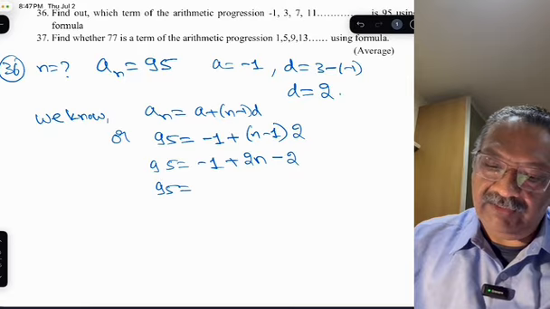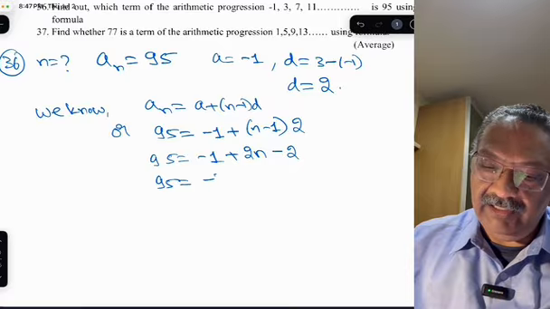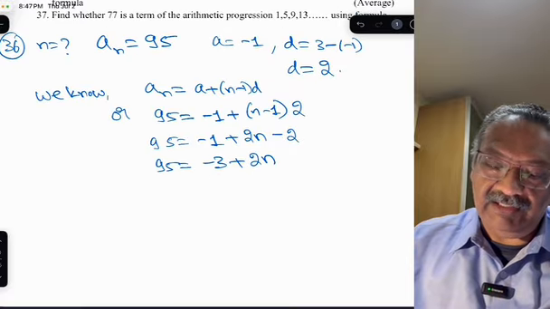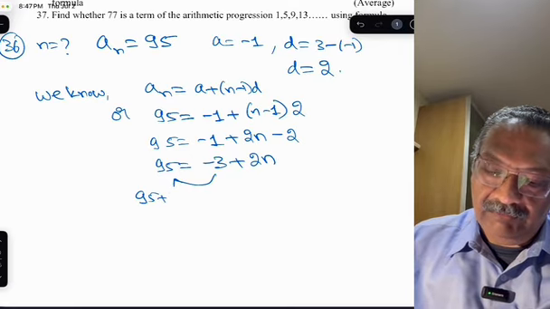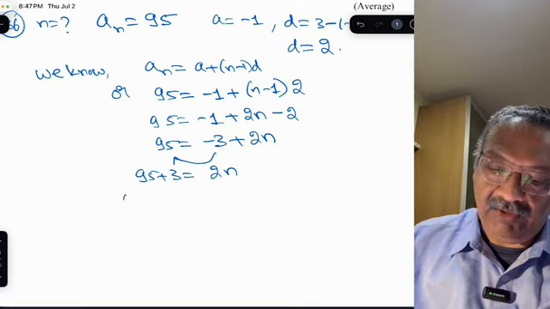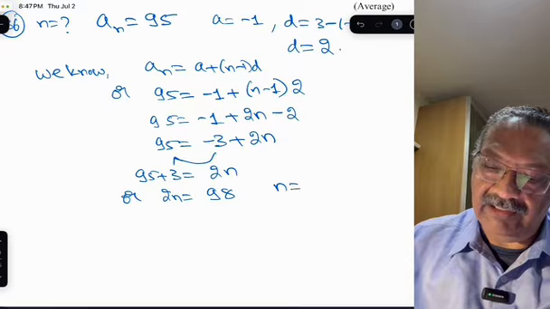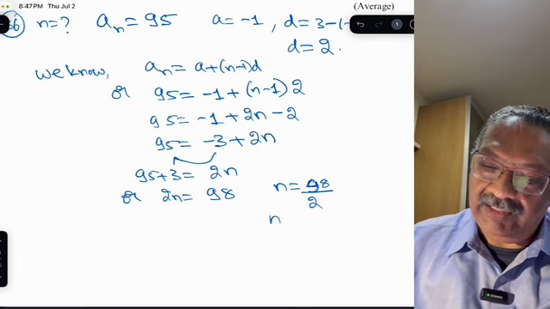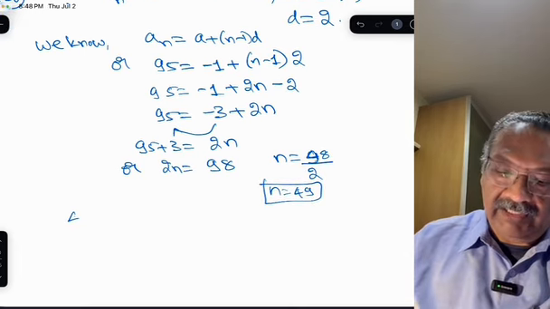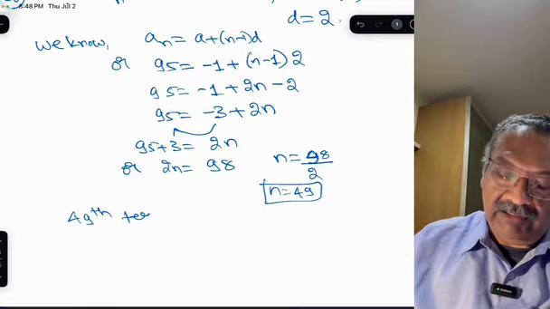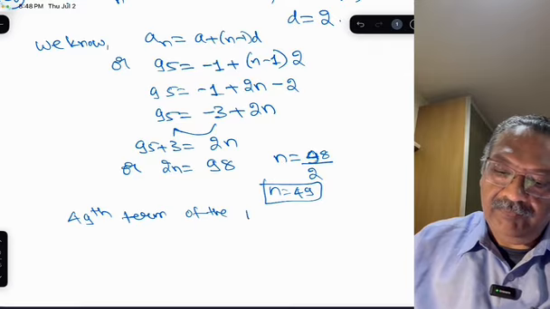So 95 is equal to -3 plus 2n. -3 if it comes this side it becomes plus. So 95 plus 3 is equal to 2n, or 2n is equal to 95 plus 3 is 98. n is equal to 98 divided by 2, n is 49. So you have to write here, 49th term of the AP is 95.